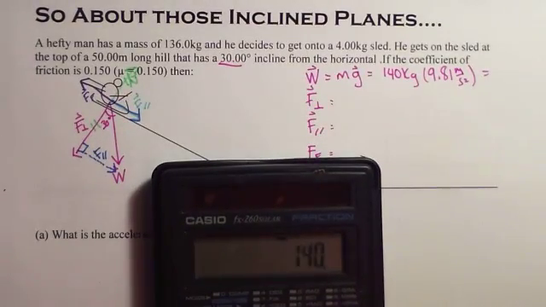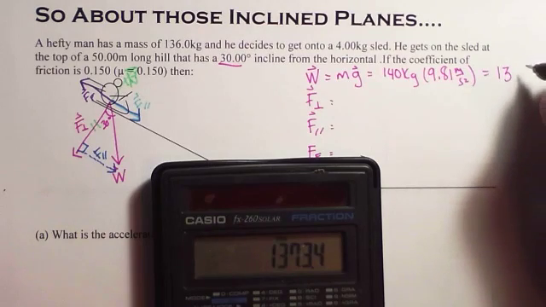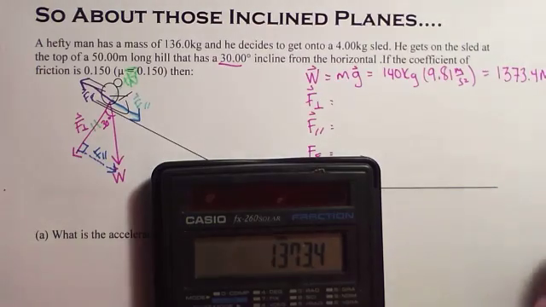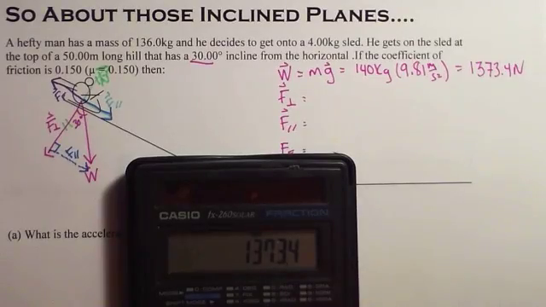So 140 times 9.81 means the sledder and sled together have a weight of 1,373.4 newtons.